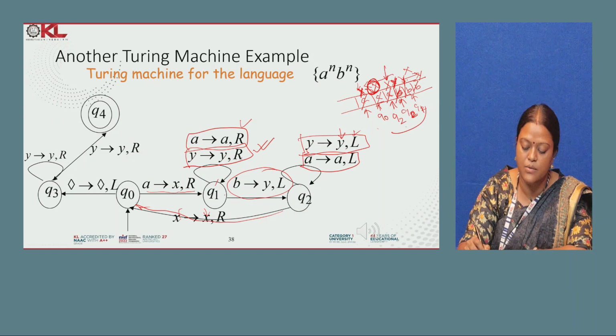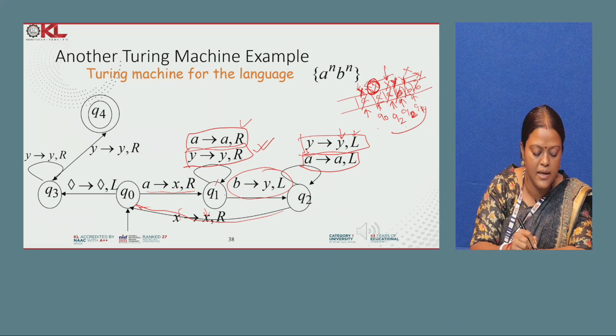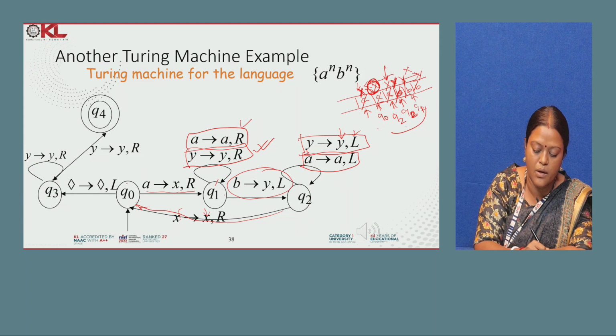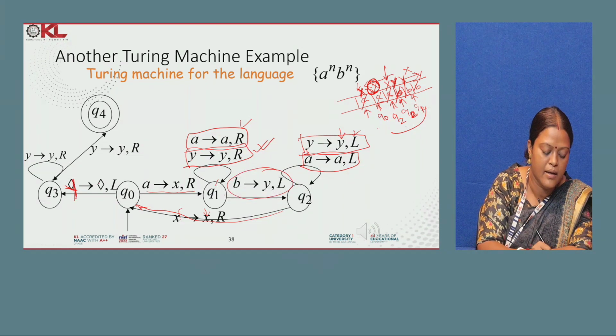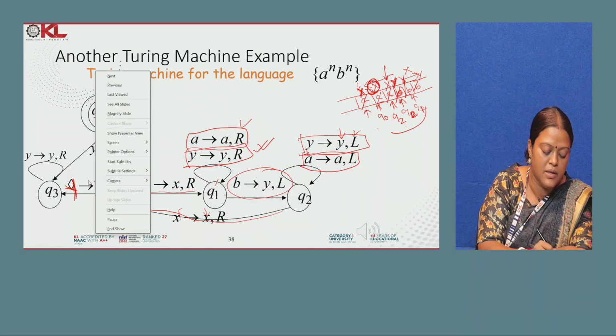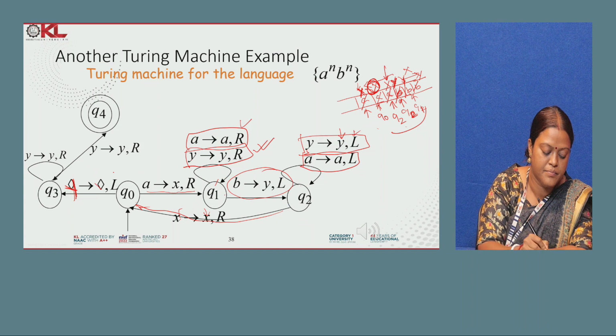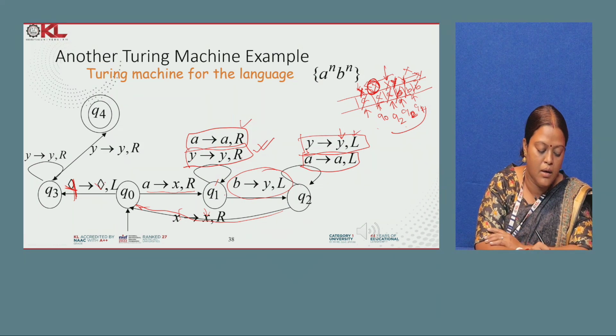So finally on q0 if we get a y here, we will not get actually a blank symbol. If we get a y here, we will not do anything, we will just keep it as it is and we will go to the right hand side. This is one possible move.